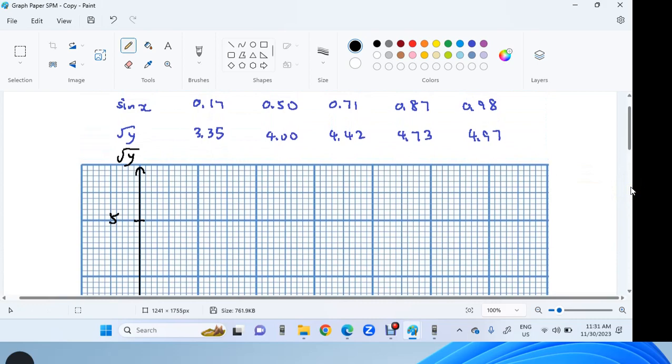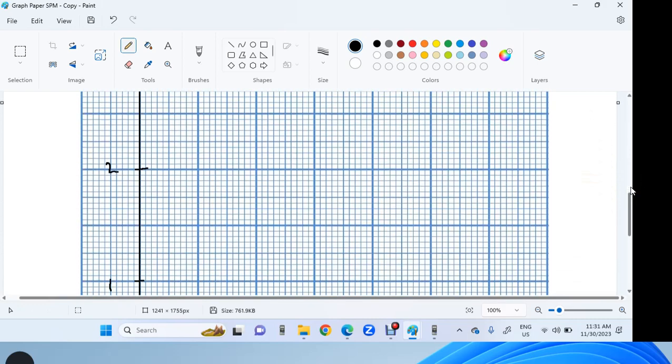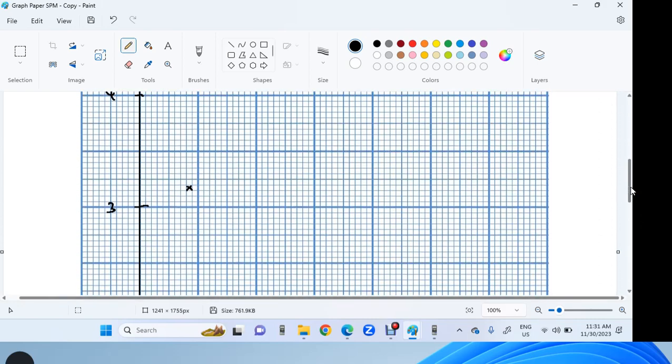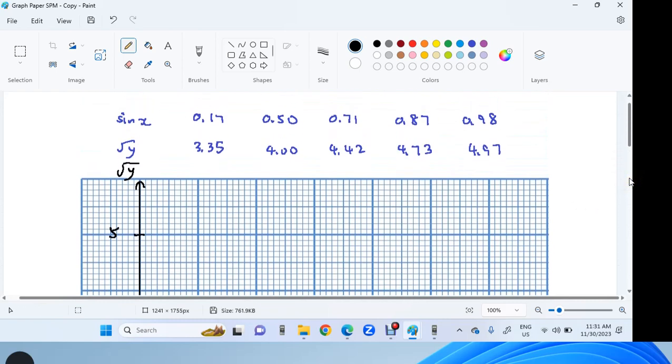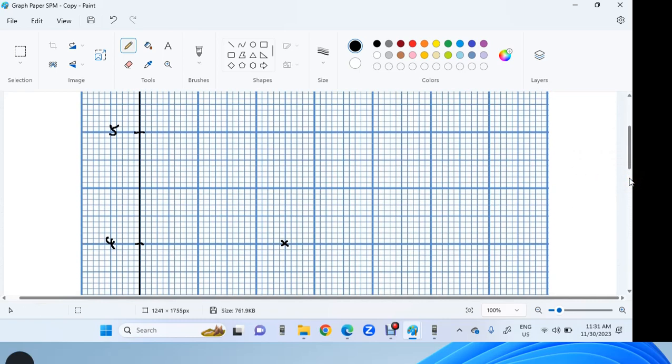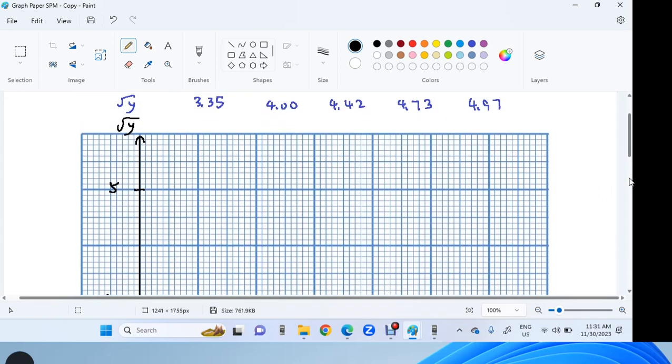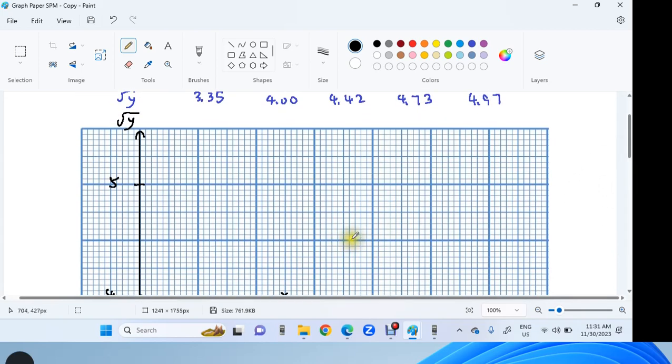And 0.5, 4. Then we have 0.71, 4.42. 4.42 should be somewhere here.